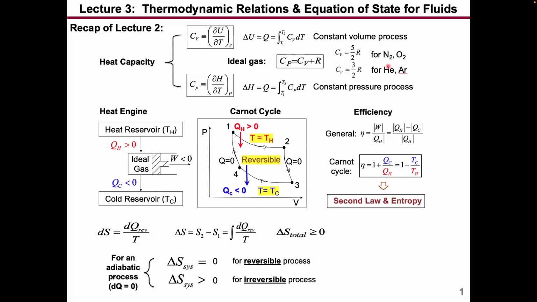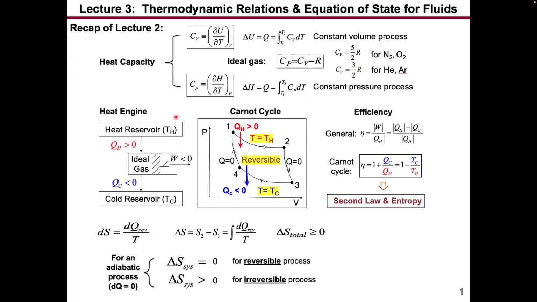For monatomic gases, CV is equal to 1.5 times R. For diatomic gases, CV is equal to 2.5 times R. And then for CP, for ideal gas, it's just equal to CV plus R. So for monatomic gases, CP is going to be 1.5 plus 1 times R, meaning 2.5 times R.